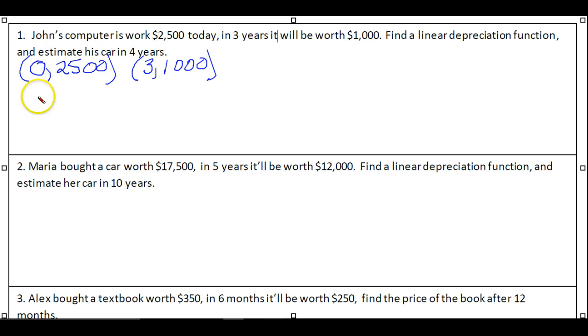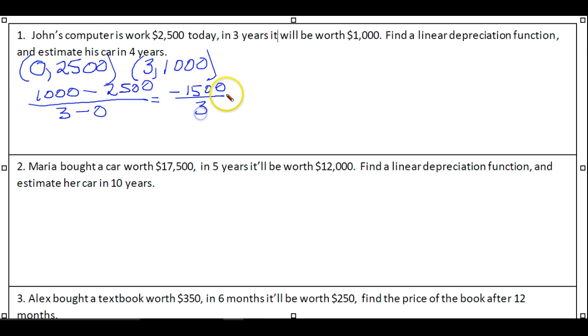We could find the slope. So that would be 1,000 minus 2,500. And it's 3 minus 0. So this is going to give you a negative 1,500 divided by 3, which gives us then a slope of a negative 500.